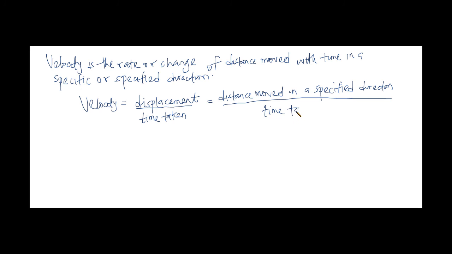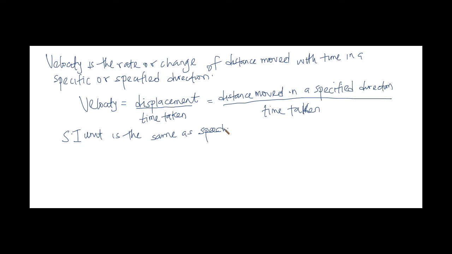And we've seen that the SI unit for velocity is meter per second, the same as speed.